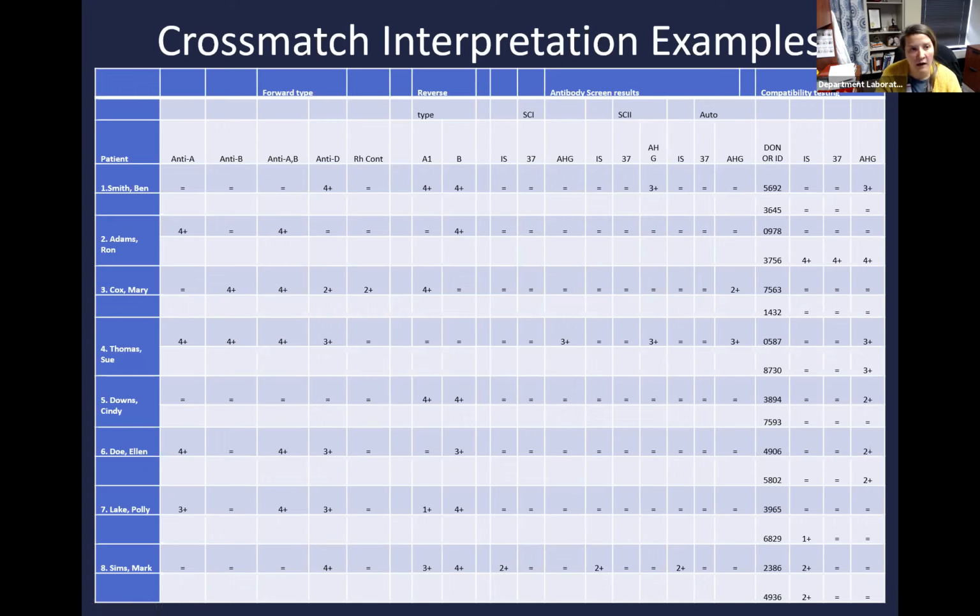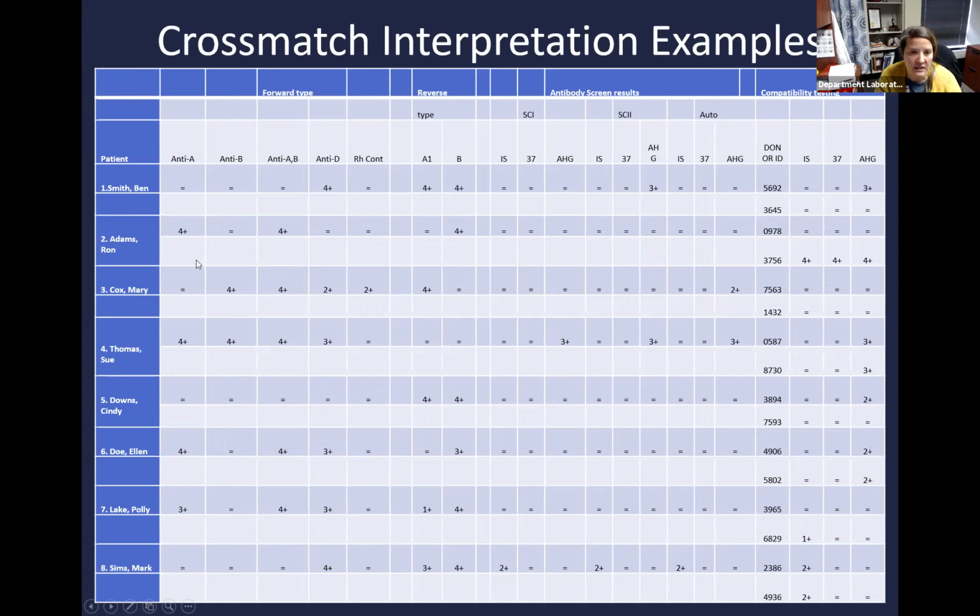And so that's kind of how you have to approach these cases. You have to look at your IAT. If an antibody is present and your unit is not antigen negative, that will cause incompatibility, all right? And then the second unit, 3645, is compatible. We have negative reactions across the board.